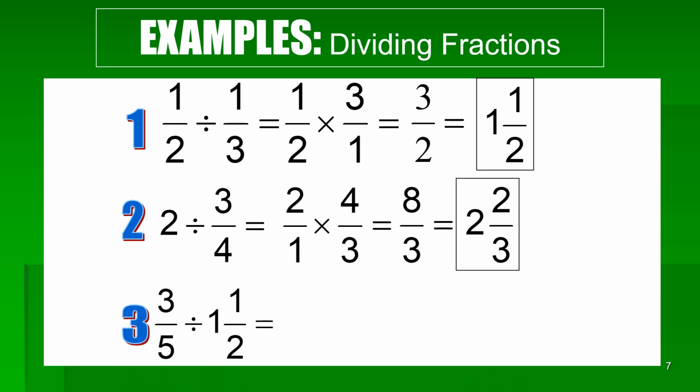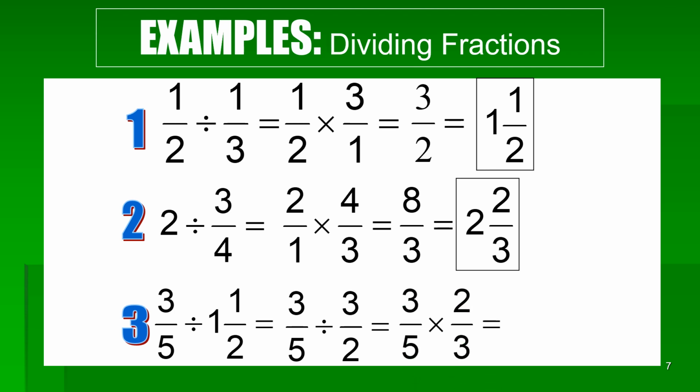Okay, next for number 3, we have 3/5 divided by 1 and 1/2. So we have 3 over 5 divided by, so we change this into an improper fraction. So 2 times 1 plus 1, it's 3.